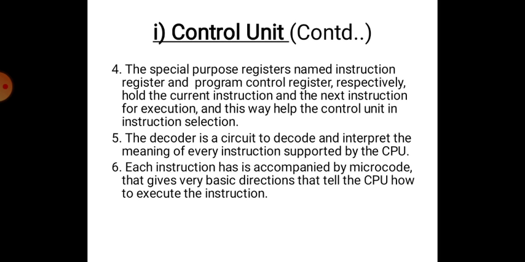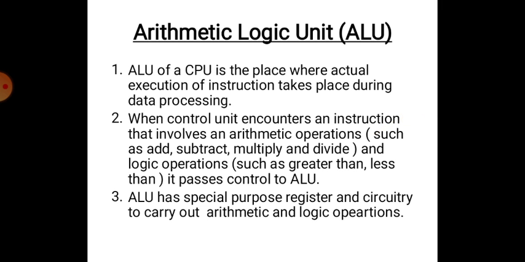Each instruction is accompanied by microcode that gives very basic directions that tell the CPU how to execute the instruction. Students, so there is a microcode which will tell how to execute the instruction. Micro means small code.